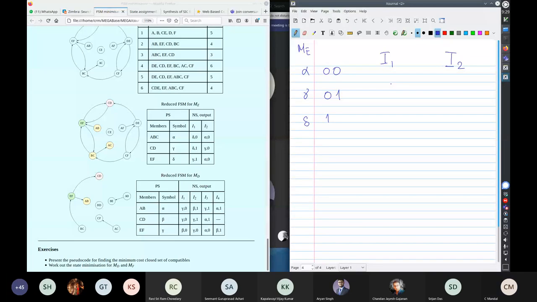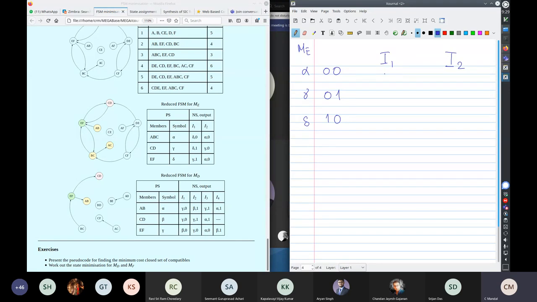This one is gamma, so let us call this 1, 0. This is delta.